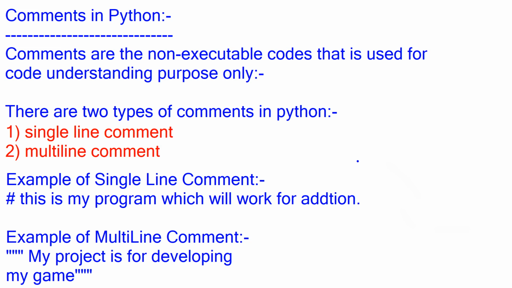That's why every developer has the responsibility to give comments in every program, every line. If another developer analyzes your program, they can easily understand how your program is working and what the purpose of your code is. That's why we use comment lines.